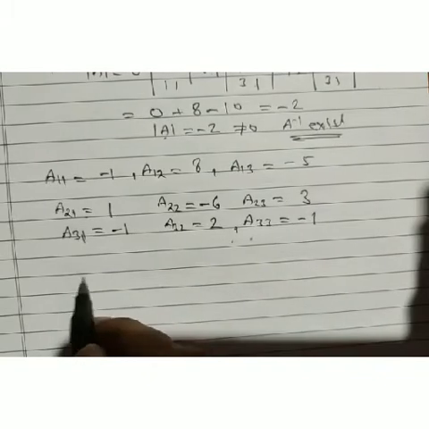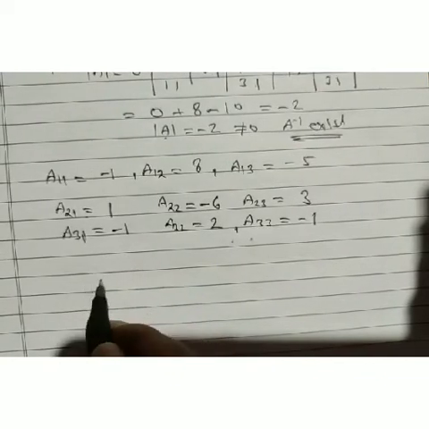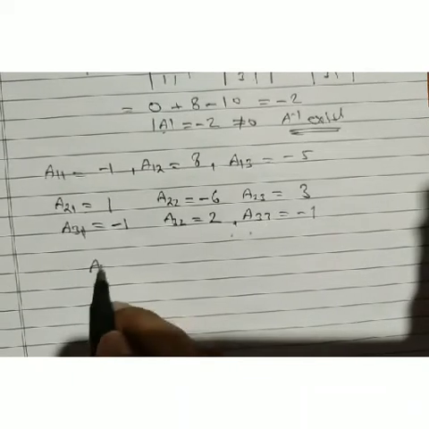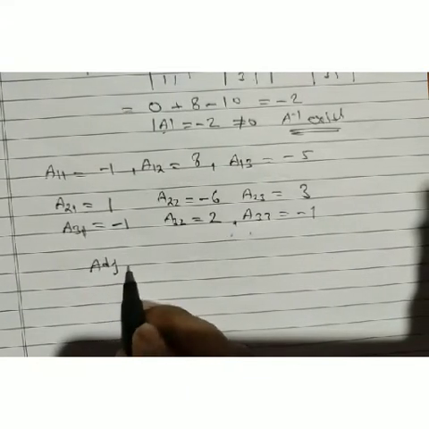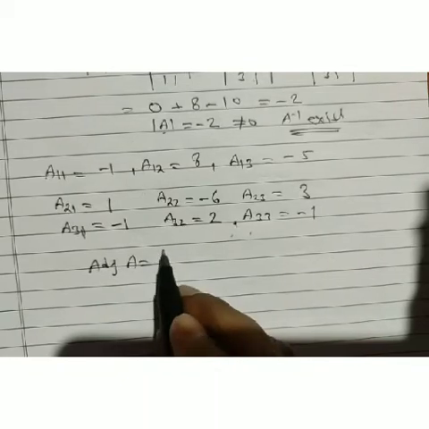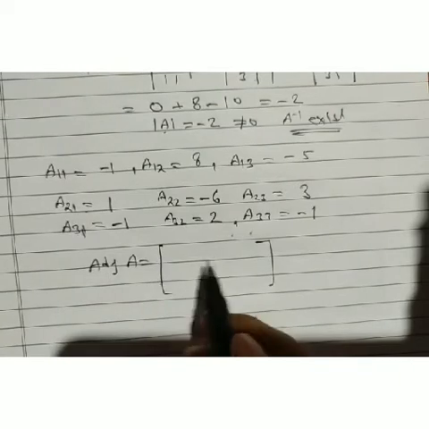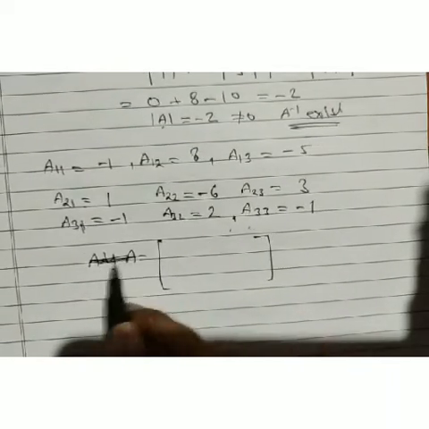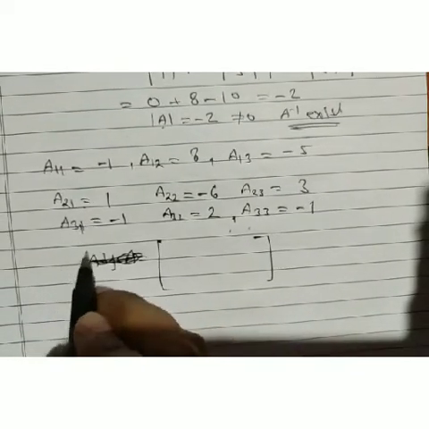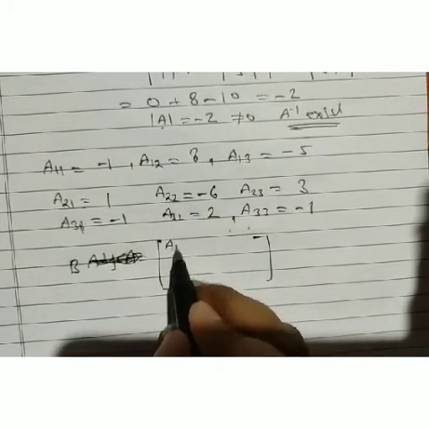Now we directly go to find out its adjoint. Our adjoint of A is what? We go to transpose it. First of all, we are going to form B. What is our B?